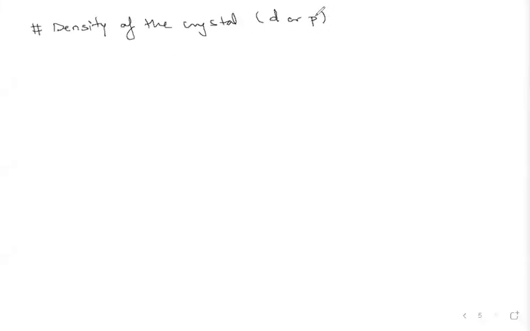Like यहाँ पे mostly we use D. So D is equal to Z into M upon A cube into Na. ठीक है, ये हमारा फॉर्मूला है. Density is equal to Z into M upon A cube into Na.